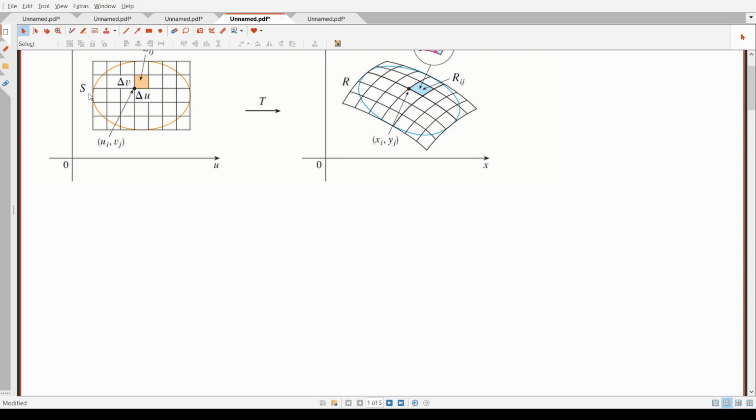All right, so here I have coordinates of u and v, and here I have coordinates of x and y. So if I have an integral, it doesn't have to be a triple integral, but whatever.